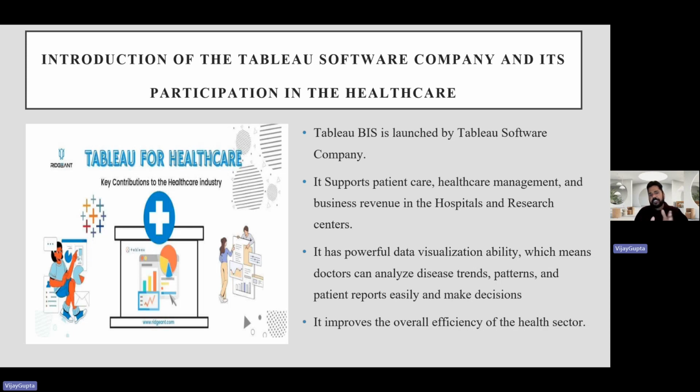Now, introduction of Tableau, which is basically an AI or business intelligence system, and its participation in healthcare.